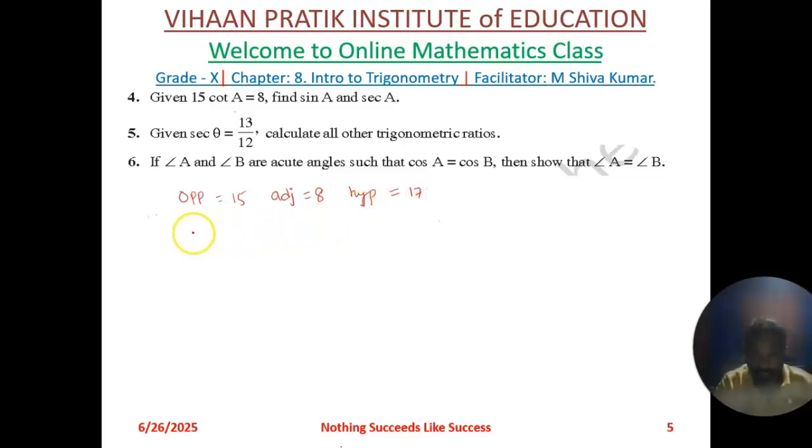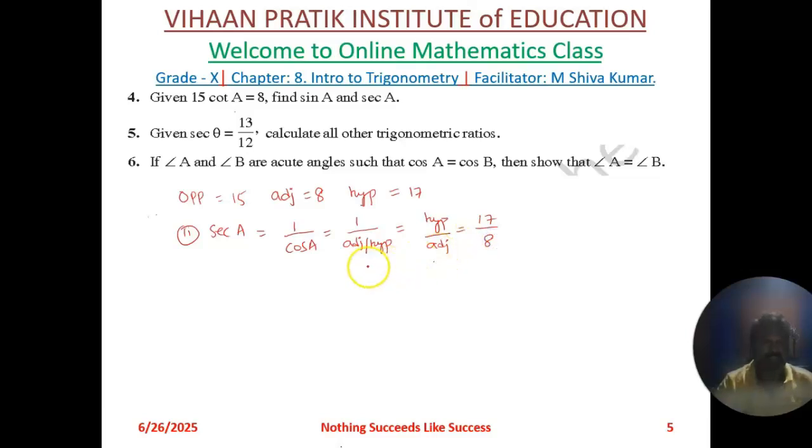We already found sine A. Now we need to find the second one, which is secant A. Secant A is the reciprocal, 1 by cos A, and we know that the trigonometric ratio of cos A is adjacent by hypotenuse, so we can write it as 1 by adjacent by hypotenuse, which equals hypotenuse by adjacent, which equals hypotenuse is 17 and adjacent is 8.